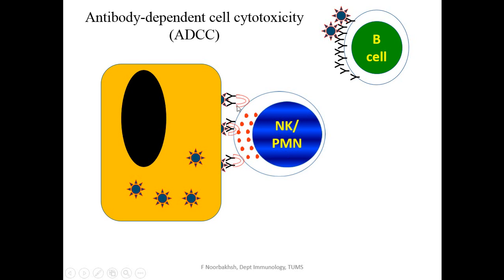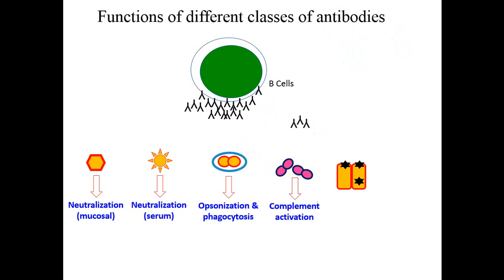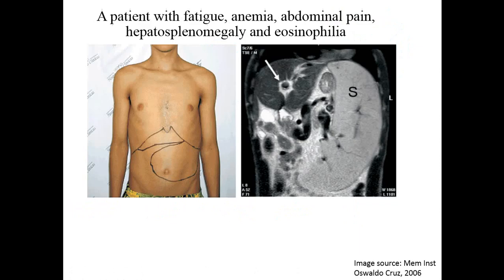They come and bind to the tails of the antibodies, and they release the toxic granules inside them, and in this way they kill the infected cell. This is called antibody-dependent cytotoxicity, a type of cell killing which is dependent on the presence of antibodies. So this is another mechanism by which antibodies can exert their function: binding to the surface of infected cells and killing them with the help of other leukocytes.